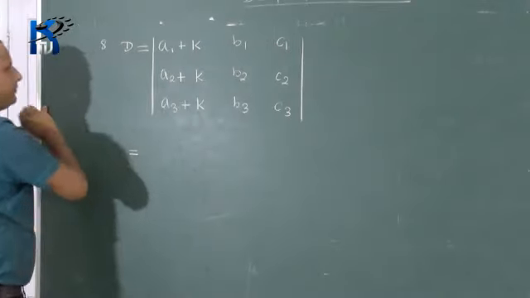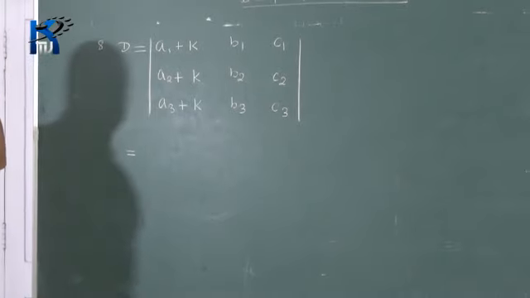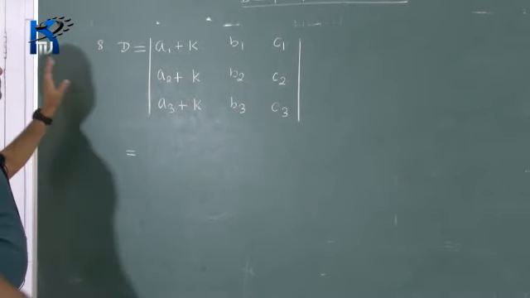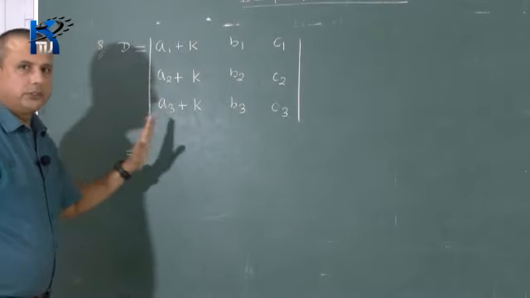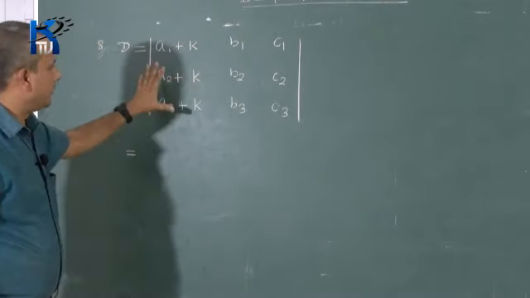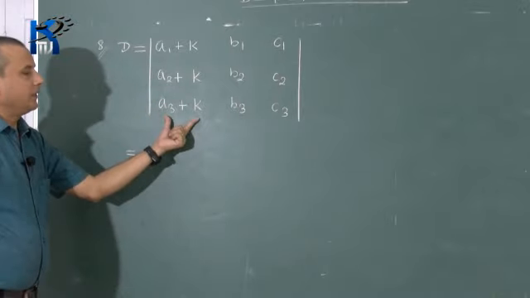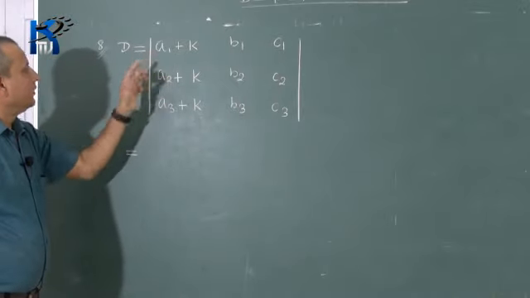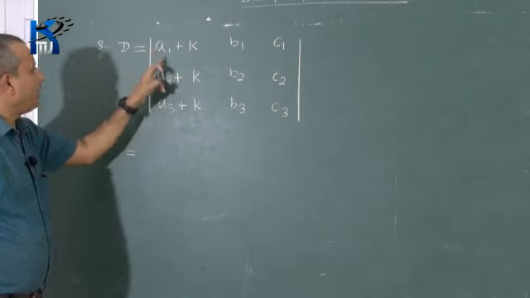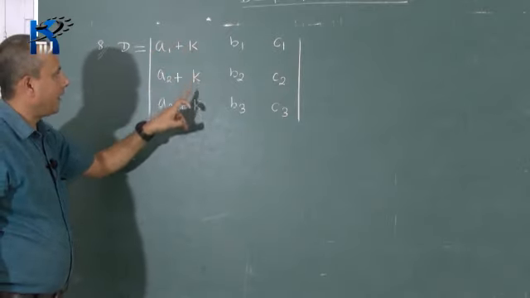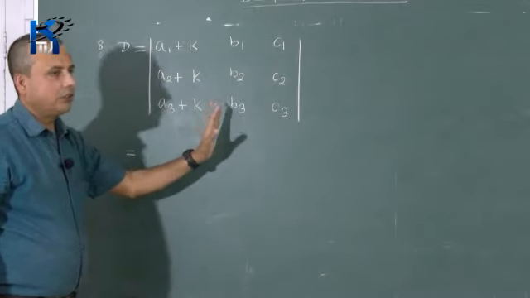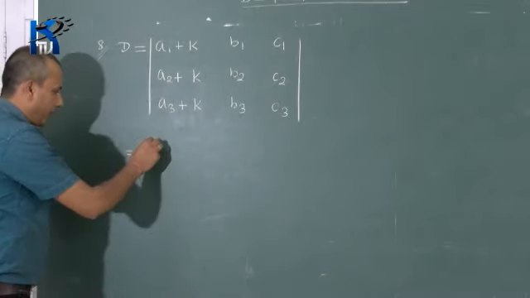Now, this much properties are important for the determinant. Now, last property number 8. This one is the splitting property of the determinant. Over here in the determinant, the first column contains 2 subcolumns. A1, A2, A3 is the first subcolumn and the second subcolumn is K, K, K. Now, we can split the determinant into 2 different determinants this way.